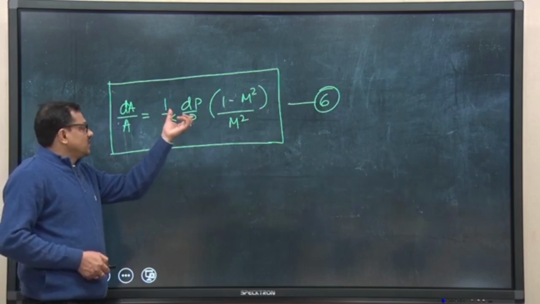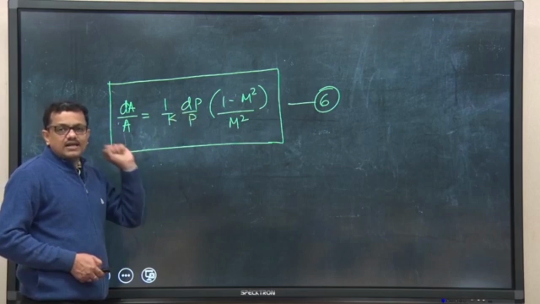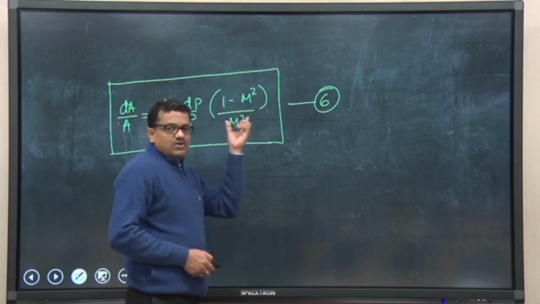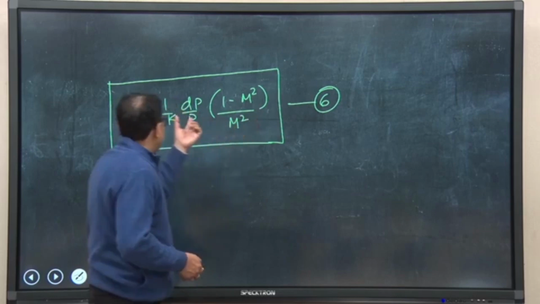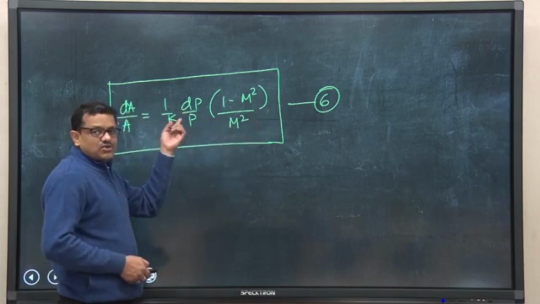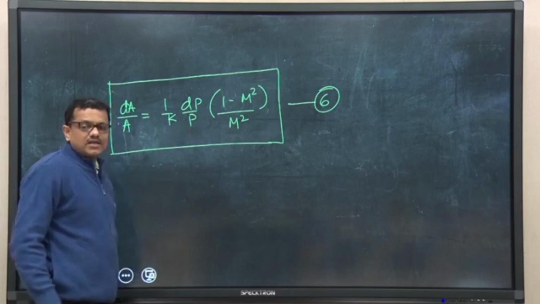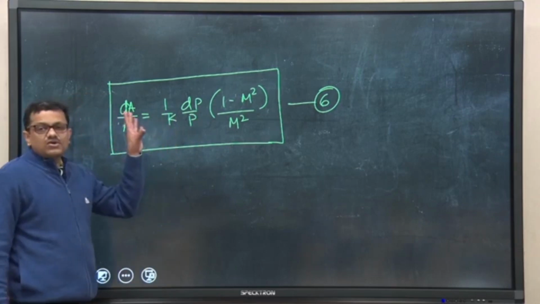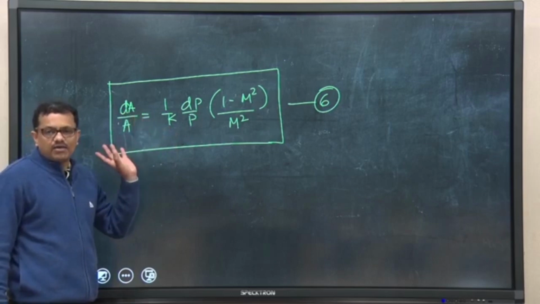The quantities on the right hand side are known: we know the Mach number, k is known because it is the index of expansion of the isentropic process, and we also know the pressure drop that we are going to have.